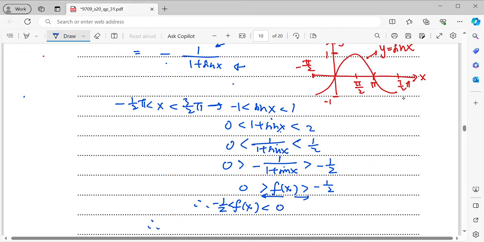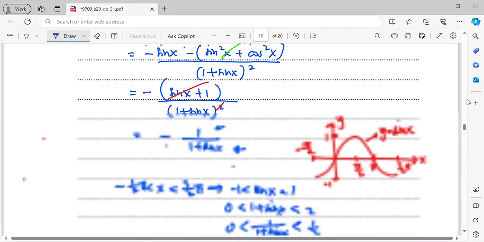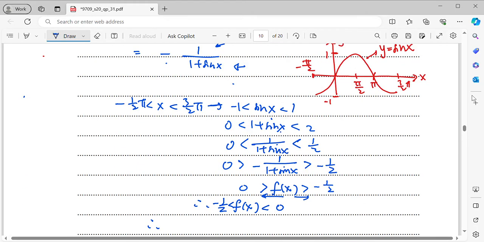Therefore, not f x, this is our f prime x. So I will write here f prime x. In other words, f prime x is less than 0 for x between minus half pi and 3 over 2 pi. So that is how we prove f prime x is less than 0.